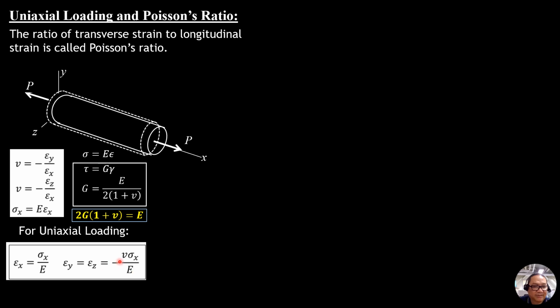But since strain along x is sigma x over E, this is the formula for strain along y and strain along z: negative Poisson's ratio, normal stress on the x-axis, divided by Young's modulus of elasticity.